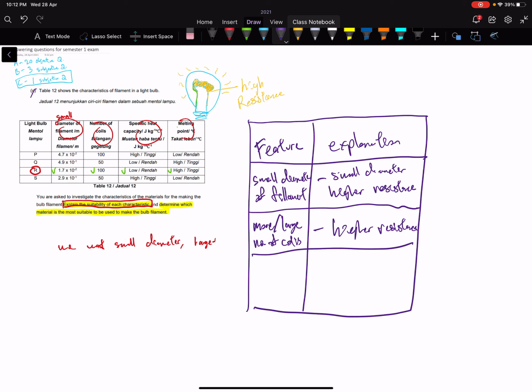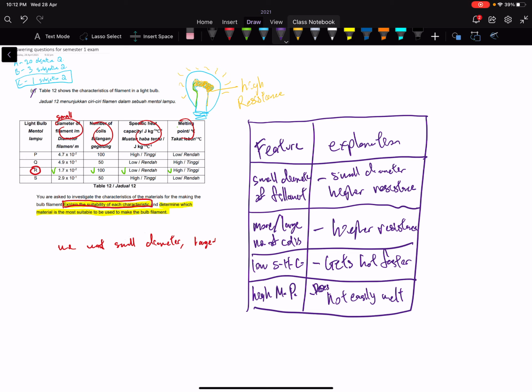The third factor is low specific heat capacity. I'm just writing short form, but in the test do not. The reasoning for this is it gets hot faster. The last one will be high melting point. You want something with a high melting point because it does not easily melt. So this is one of the tables you can do.